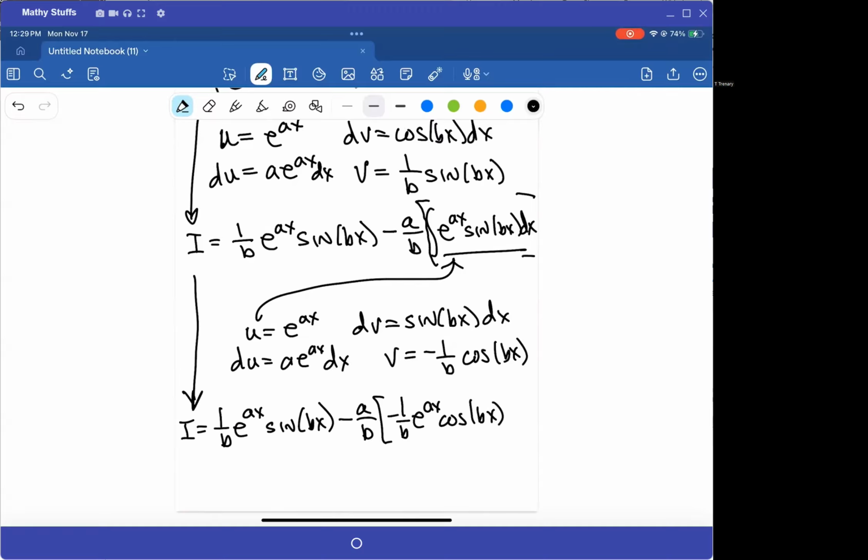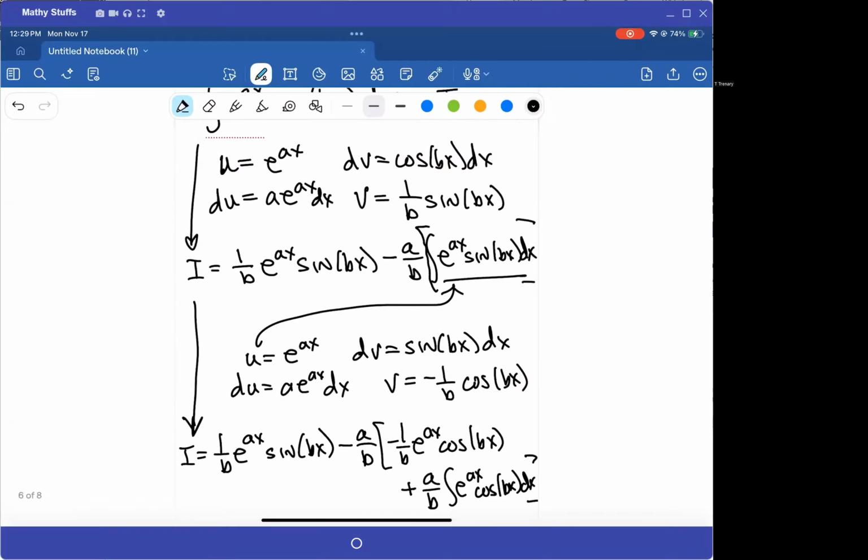So that's my uv. And then I'm going to do minus integral v du. So there's already a minus on the v, and that becomes a plus a over b integral e to the ax cosine bx dx. And then that closes that off.